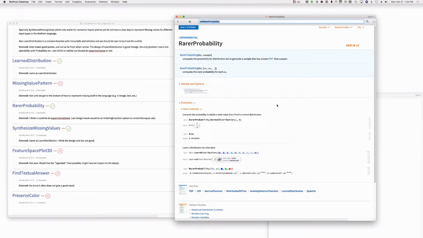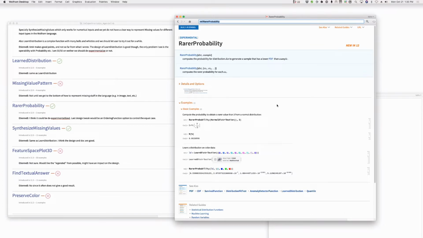Describe the problem. The problem is the uniform distribution: the probability to be rarer is actually 0, which means that it is an anomaly, because that's how you define anomaly, that nothing can be more extreme than that. So it thinks that it's an extreme event. Rarer probability has only one use case, which is to detect anomalies.